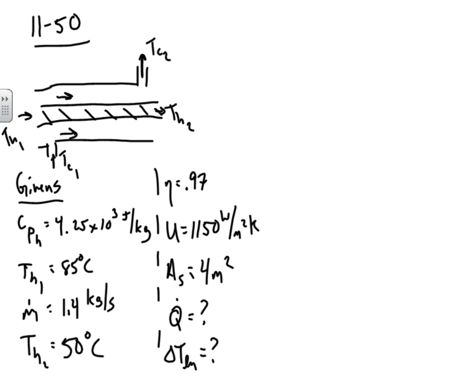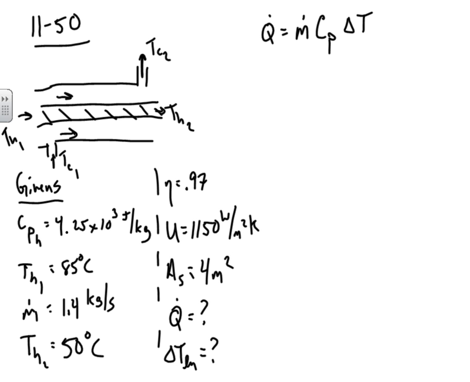So let's begin. Our heat exchanger analysis, we know that the Q dot, or the heat transfer rate, is equal to m dot times Cp times the change in the temperature.